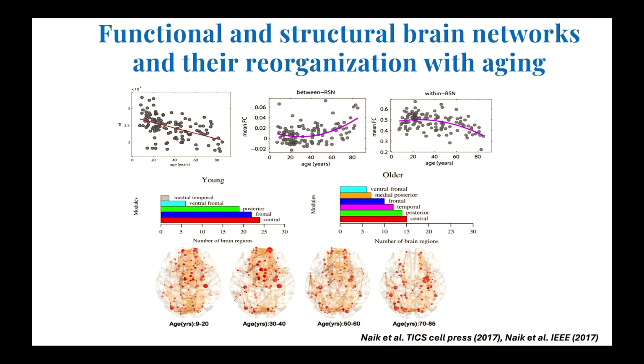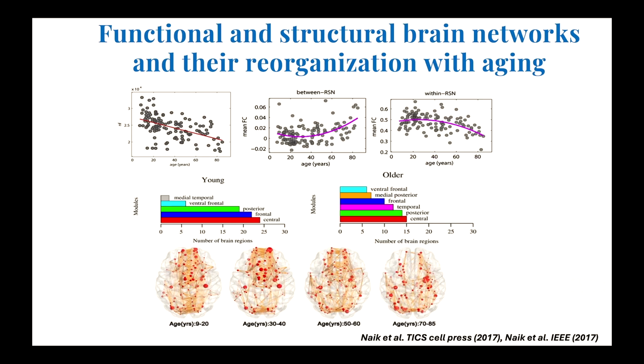But when we look at the functions, we see an increase in the mean functional connectivity as a function of age between the well-reported resting state networks in the brain, whereas there is an opposite trend within resting state networks.